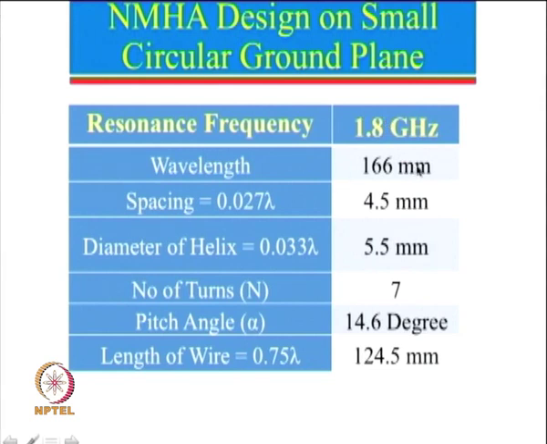That is about 166 mm, and I will start with the length of the wire, which we took as 0.75 lambda. Because the ground plane size is very small, and even for an infinite ground plane I had recommended a wire length between 0.3 to 0.4 lambda, for a very small ground plane the length of wire has been taken larger, and we will see the effect of that.